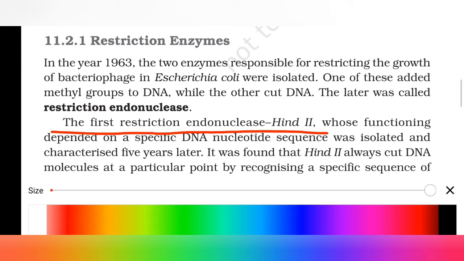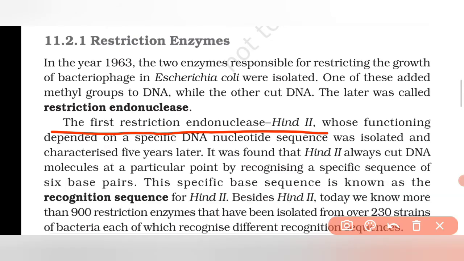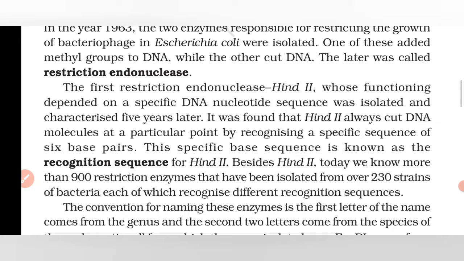Its functioning depends on a specific DNA nucleotide sequence, which was isolated and characterized 5 years later. Now you may wonder why it is called Hind2 and not Hind1, although it was the first restriction endonuclease. It was because this was the first restriction endonuclease and not the first nuclease.